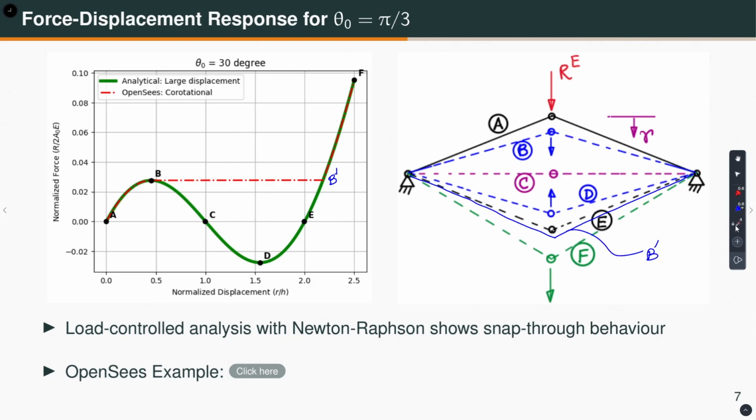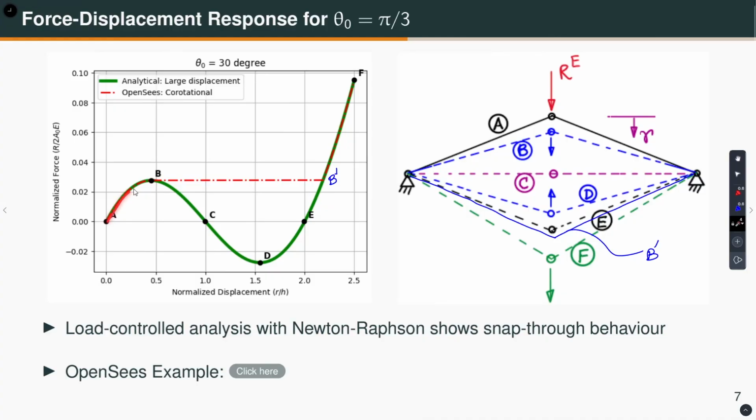So that means if you do a load control test with this, you keep on increasing this load, you'll get configuration B, and after that it will snap to configuration B prime, which is this. The intermediate events cannot be captured if you do a load control test, right? And this is going to be a dynamic event, which probably you can imagine.